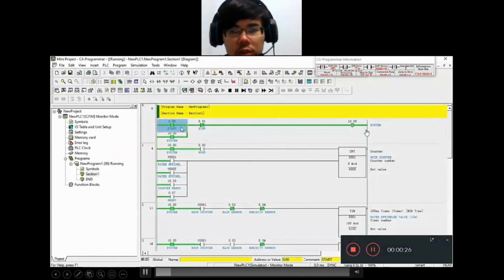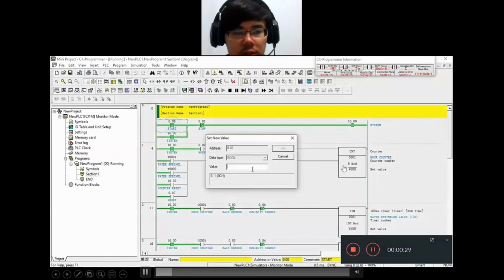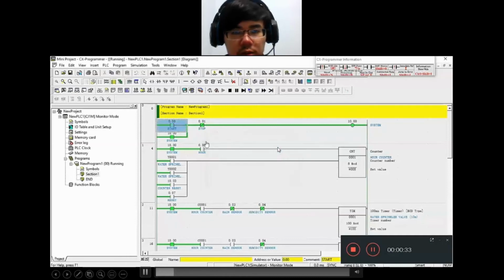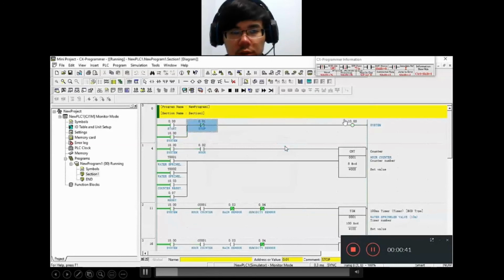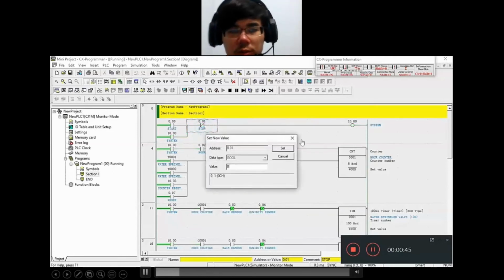Set the value to 1, the system starts operating. Since in rung 0 the system is latched in the whole circuit, after the start button is reset to 0, so it's released, the system will still operate. Only if the stop button is pressed, the system will not operate.